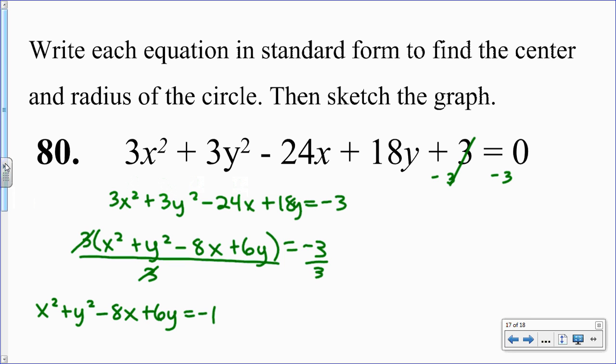You want it to look like this, because when it's in standard form, you can graph it because you know the center and radius. So you want to have a binomial squared with x and a binomial squared with y. That's what completing the square does.